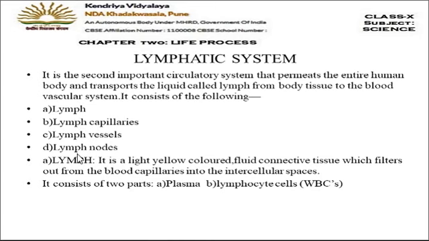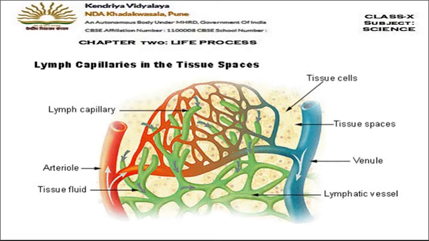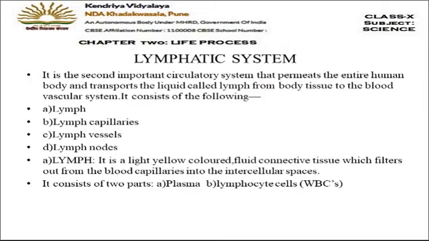Okay, so let us first understand what lymph is. In the previous diagram which you have seen, this yellow colored tissue fluid which is flowing here is the lymph. So where is it coming from? Lymph is a light yellow colored fluid which filters out from the blood capillaries into the intercellular spaces.